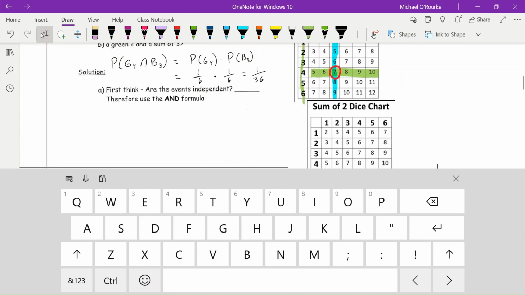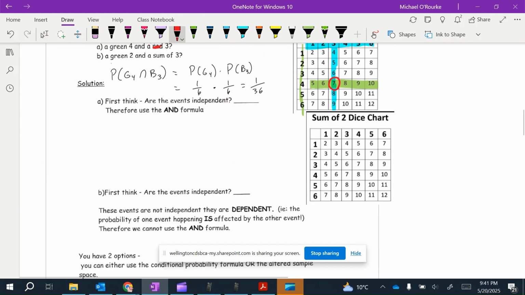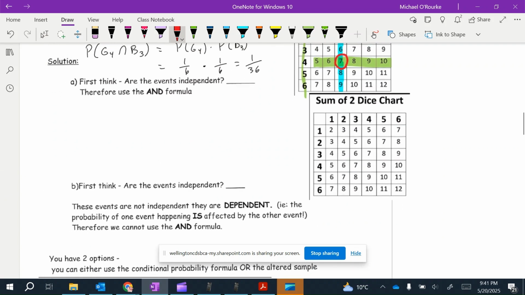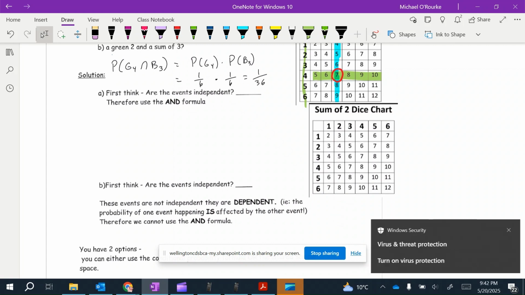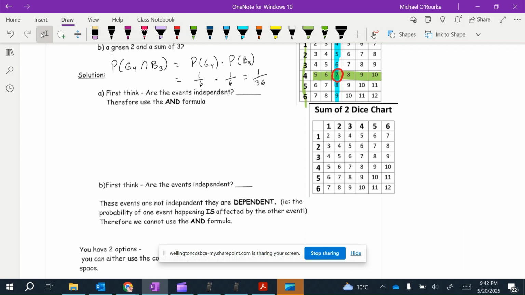The second one says a green 2 and a sum of 3. Those are independent because me rolling a green 2 is not going to affect the probability of getting a sum of 3. So we can go ahead and do this again. What's the probability of rolling a green 2 and a sum of 3?